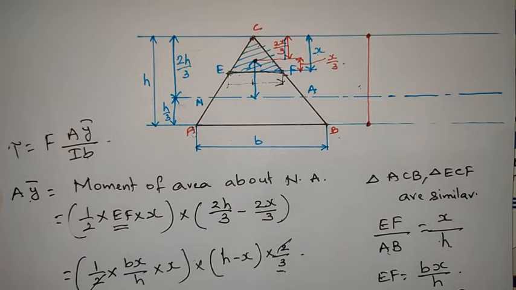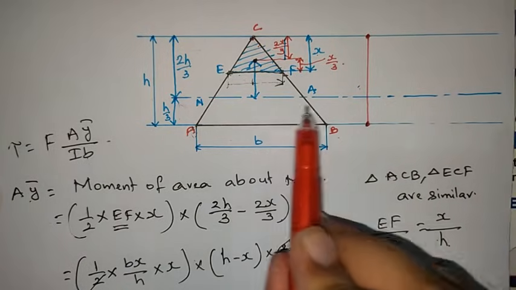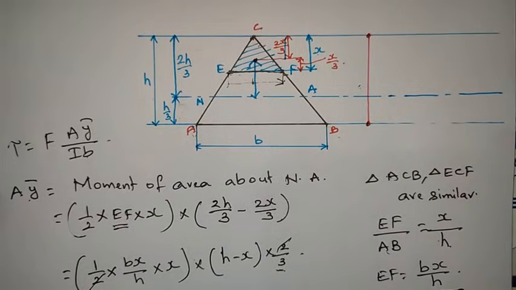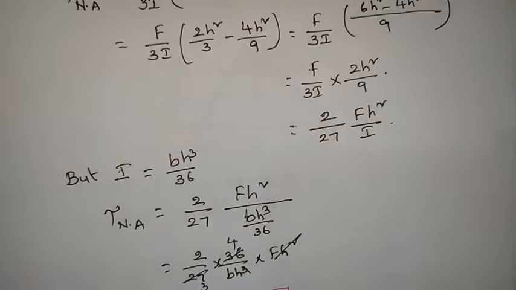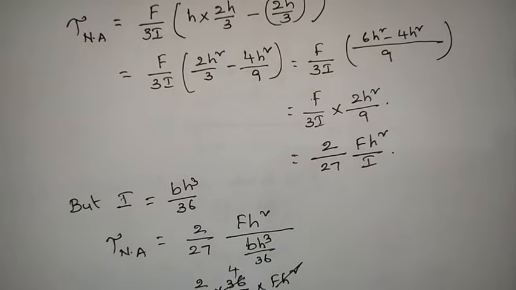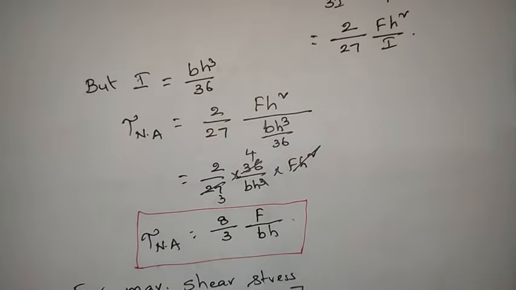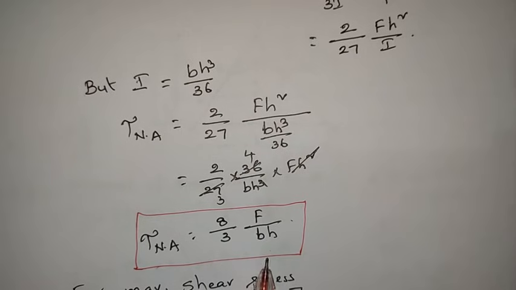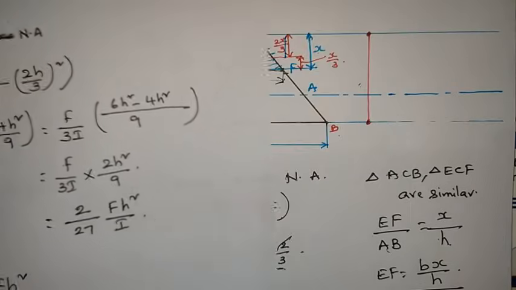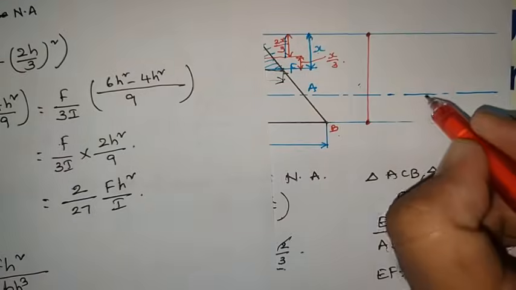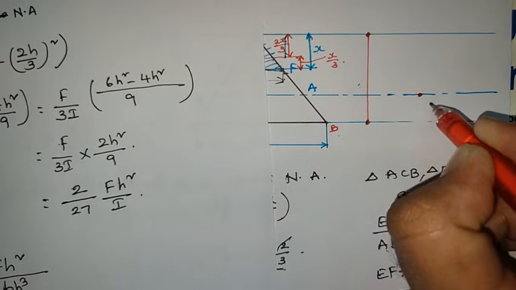And next, shear stress at the neutral axis. So at the neutral axis, what is the shear stress? It is tau NA equals 8 by 3 F by bh. So now represent that value.